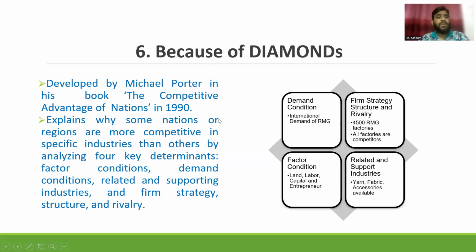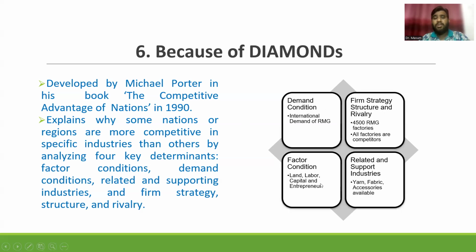This Porter diamond model explains why some nations or regions are more competitive in specific industries than others by analyzing four key determinants. So why will a country be competitive? It depends on these four factors: demand conditions, firm strategy, structure and rivalry, supporting and related industries, and factor conditions.